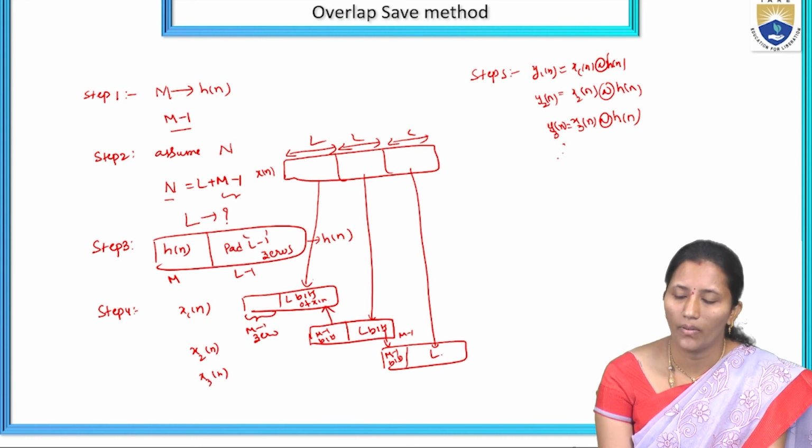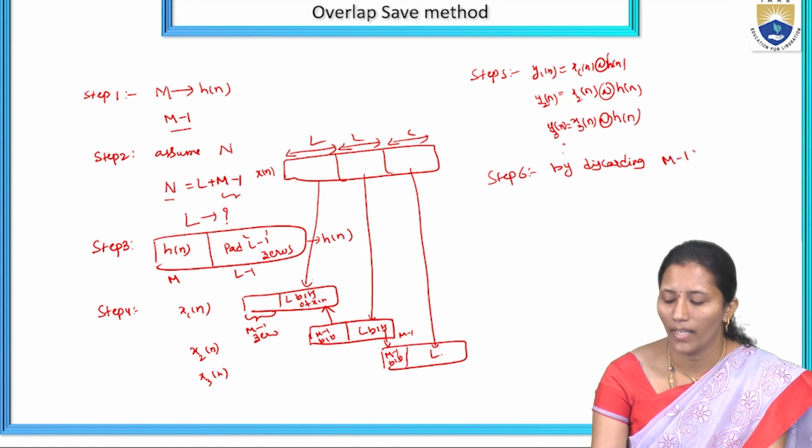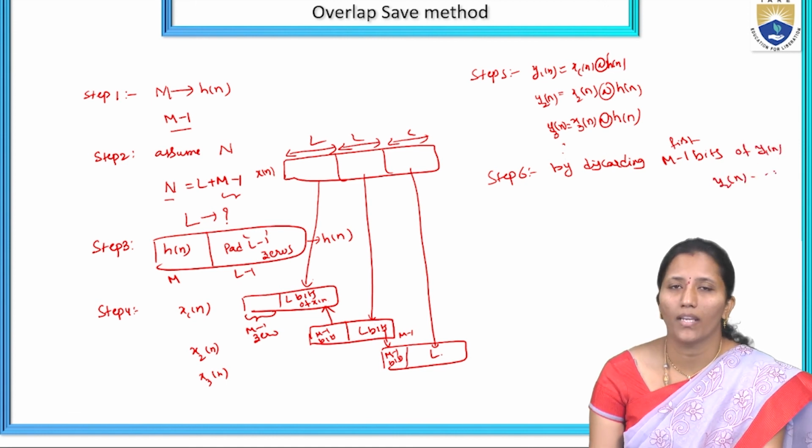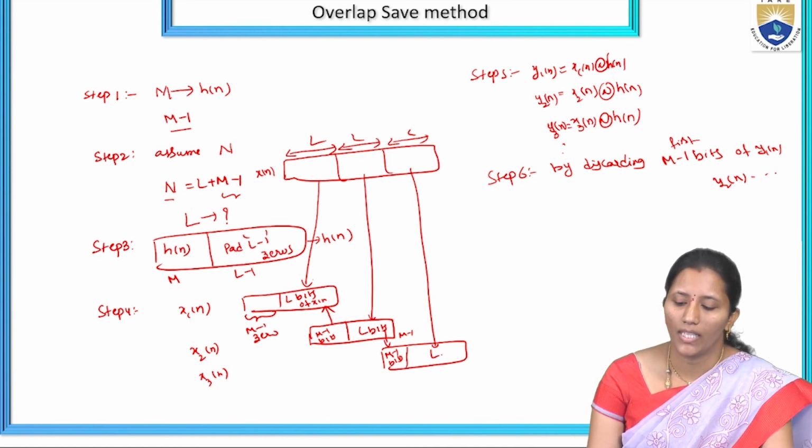Like that we find the individual output responses of the individual segmented blocks, and we concatenate the outputs by discarding the first M minus 1 bits of y1 of n, y2 of n, like that, and the remaining L bits will come to the y of n. This is the procedure for the overlap save method.